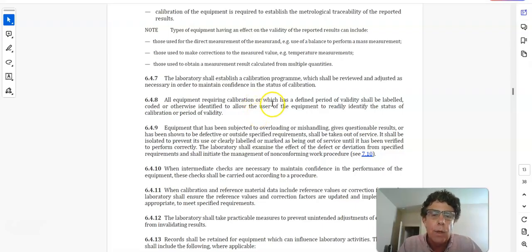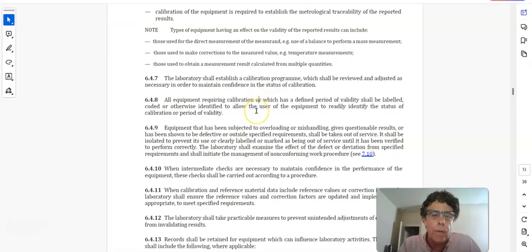It says the device shall be labeled, coded, or otherwise identified to allow the user of the equipment to readily identify the status of calibration or period of validity. That means the analyst needs to know, hey, has this been calibrated, and when is it due for its next calibration? However that needs to be communicated to the analyst, that's what needs to be documented.